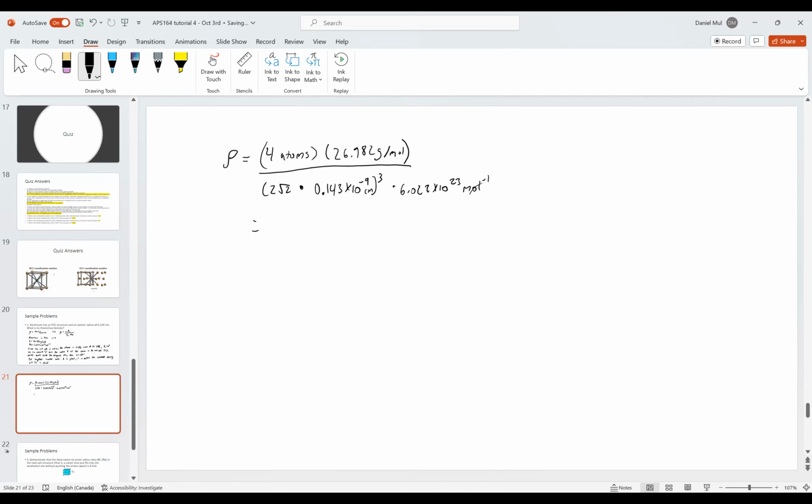Then this cancels with that, and we're left with grams per centimeter cubed. So you should get 2.7 times 10 to the 6 grams per centimeter cubed.